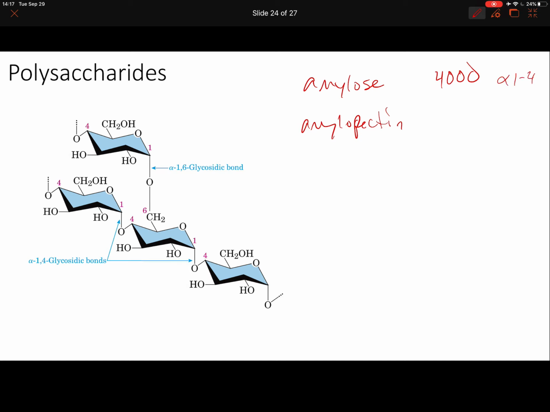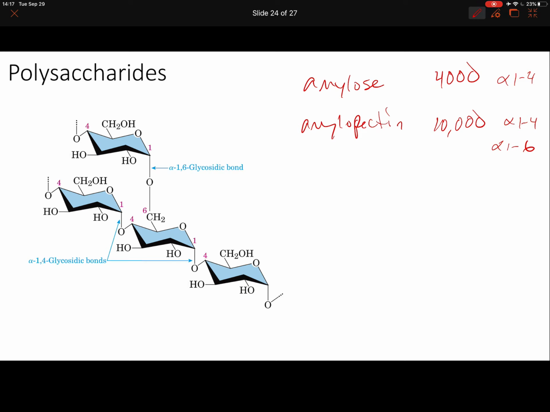Now, amylopectin contains chains up to 10,000 glucoses. It's also joined by alpha 1,4 bonds, but they have branches every 24 to 30 units or so. There's a branch at an alpha 1,6, and so you can just see a small segment of that here.